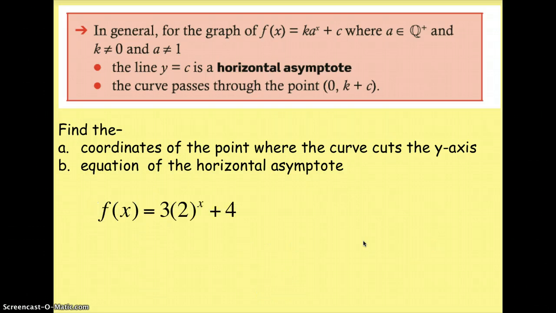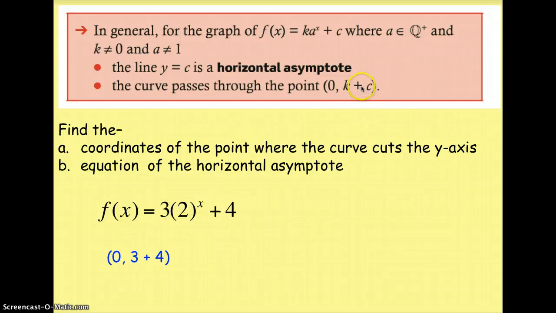Okay, let's move on to another example. Here we go. You see more numbers now. Coordinates of the point where the curve cuts the y-axis. We're looking for the y-intercept, so we're looking for this 0, comma, k plus c, so we have 0. Our k is the coefficient beside the 2, so that's 3.